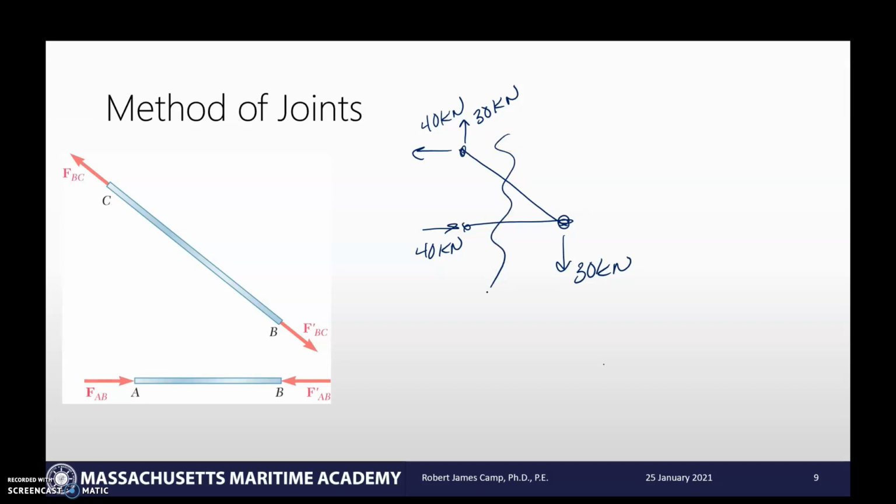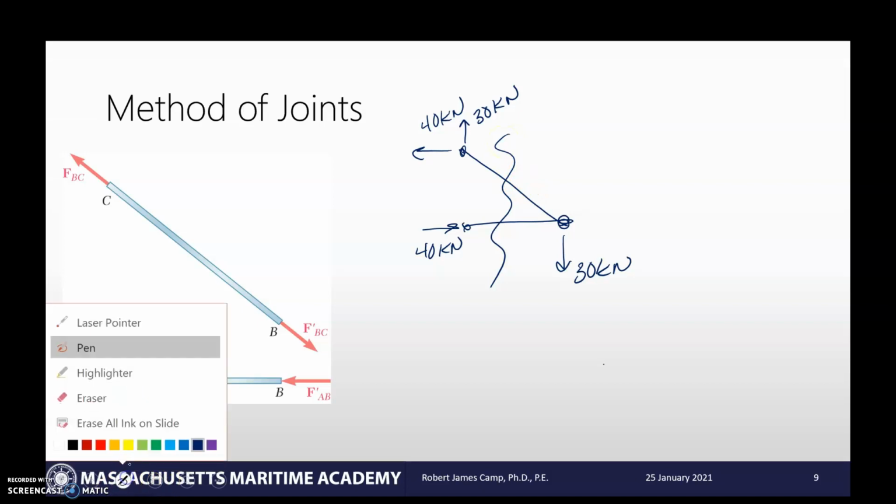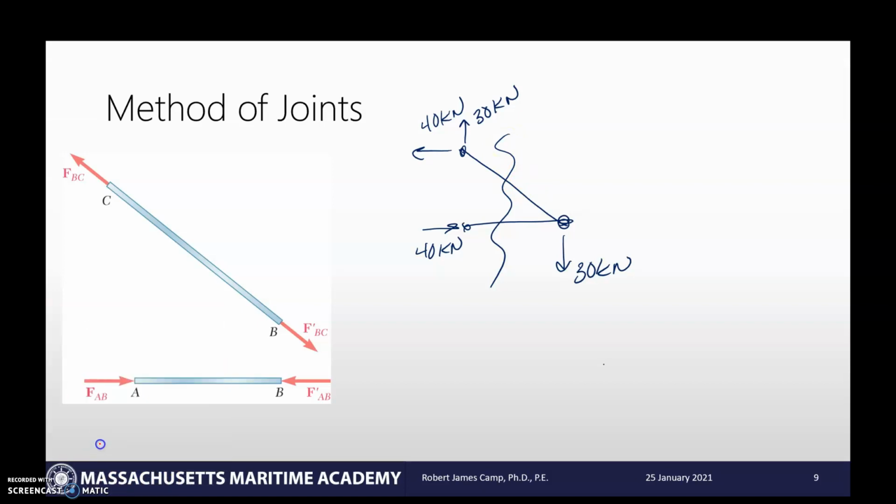We would break the structure right there, and then we would just tag the internal forces into the free body diagram. So we would have FBC here, and FAB here, and then we would solve it just like we would if it was an external force problem.